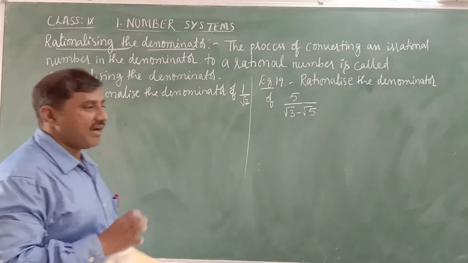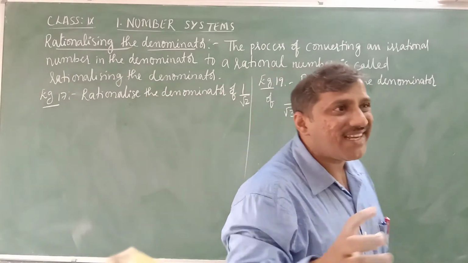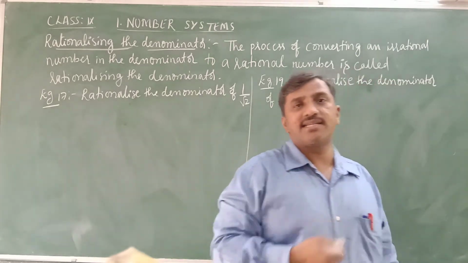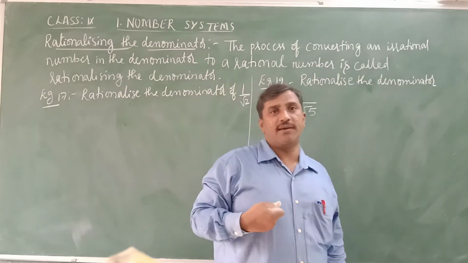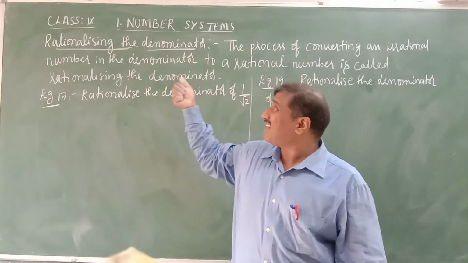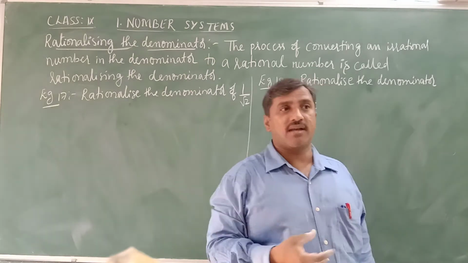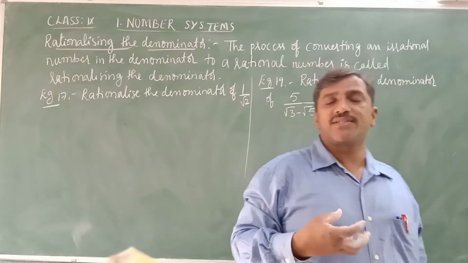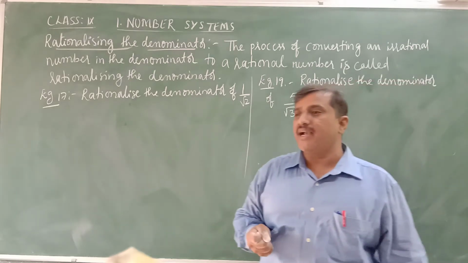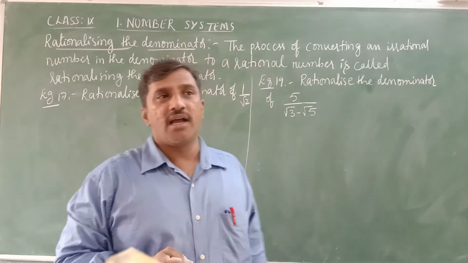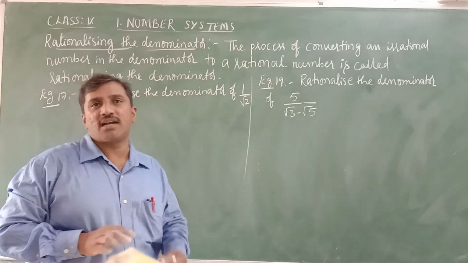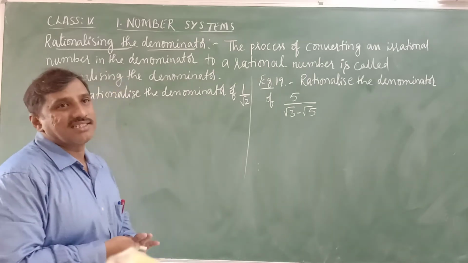Rationalizing the denominator, that is rationalization. What is rationalization? The process of converting an irrational number to a rational number is known as rationalization. What is rationalizing the denominator? We will find some real numbers whose denominators are irrational numbers, in the form of square roots of some numbers.